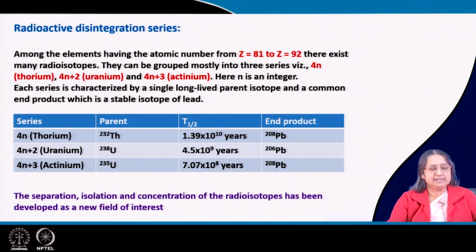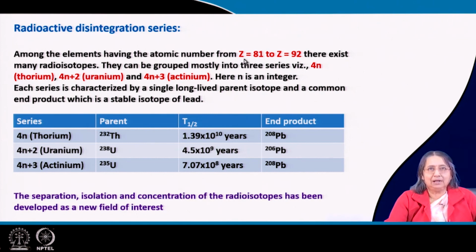Radioactive disintegration series. As you see here, there are many radioactive elements that we know, and mainly among the elements having the atomic numbers from Z equals 81 to Z equals 92, in this range there exist many radioisotopes.